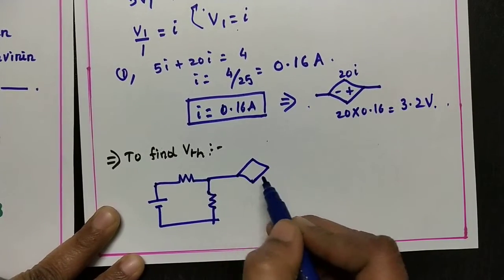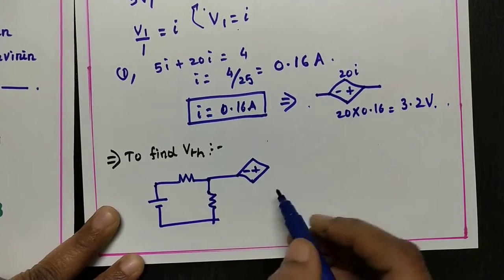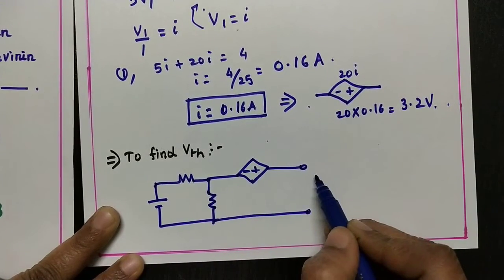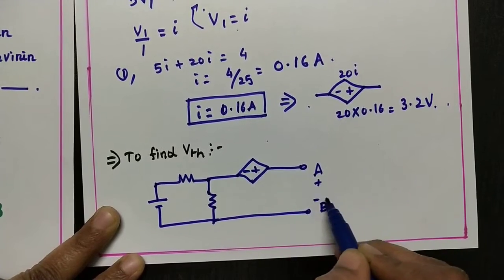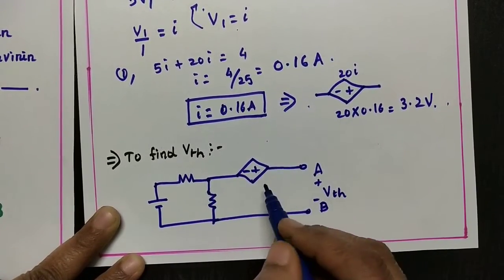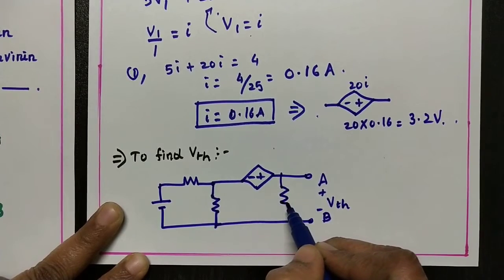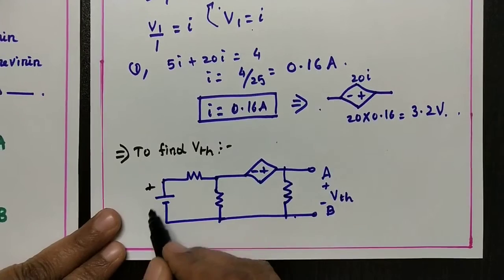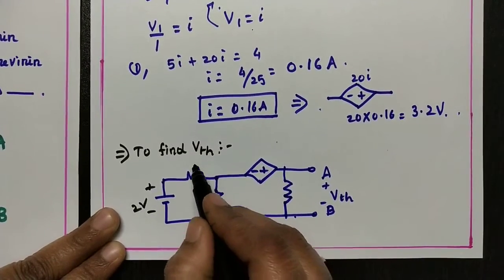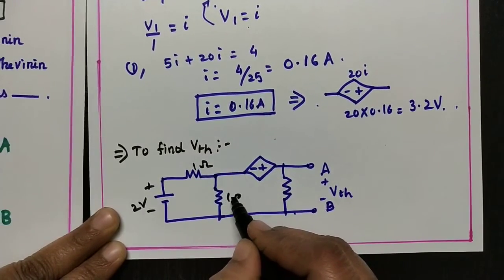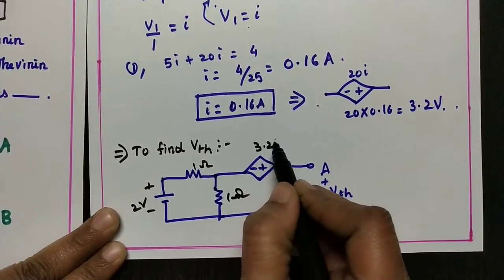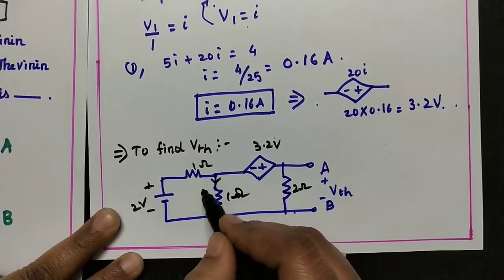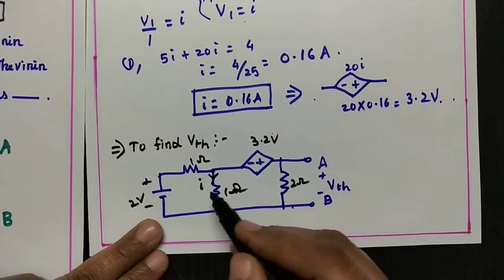The dependent voltage source that we found out as 3.2 volt, and this is open circuited A, B. So this one is the Thevenin's voltage, and here another resistance 2 ohms, 2 volt, 1 ohm, here also 1 ohm, and this we found 3.2 volt, and here 2 ohms. So this is the current I, which we found out.